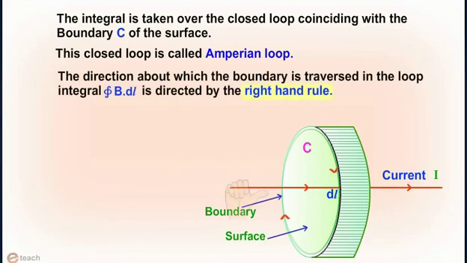The direction in which the boundary is traversed in the loop integral of B dot dl is determined by the right hand rule.